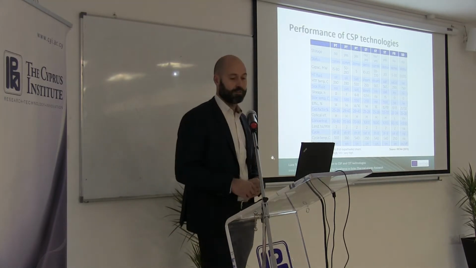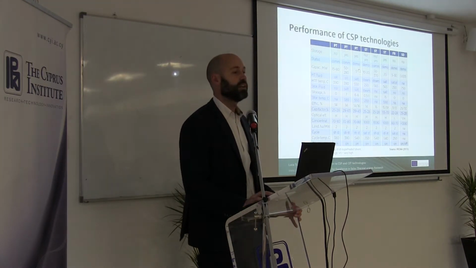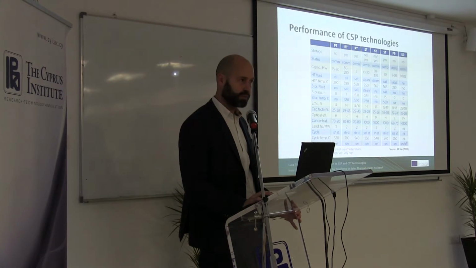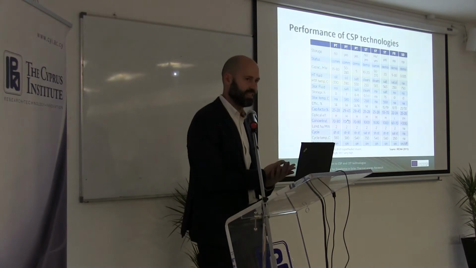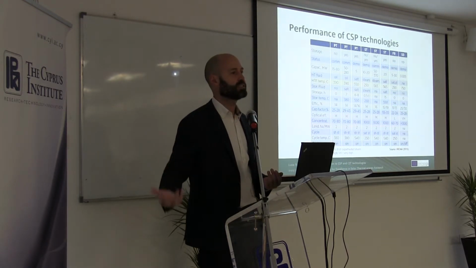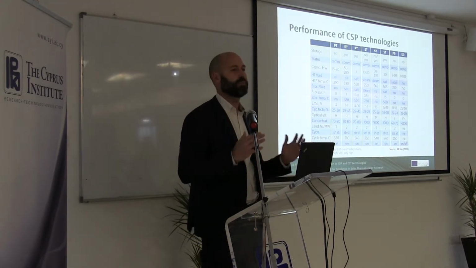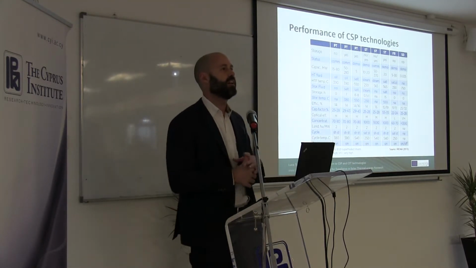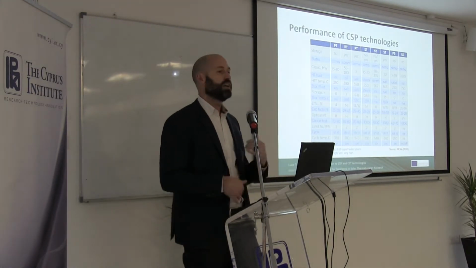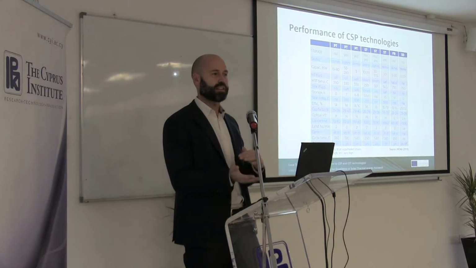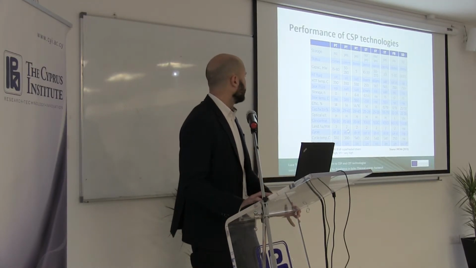The most efficient plants are probably those that use direct storage with molten salt. You will see later what this means. Basically, it means that you use molten salt as heat transfer fluid and storage medium. This allows you to operate your system at higher temperature, which means higher conversion efficiency with thermodynamic cycles, and also lower losses for intermediate heat exchangers, and so on.